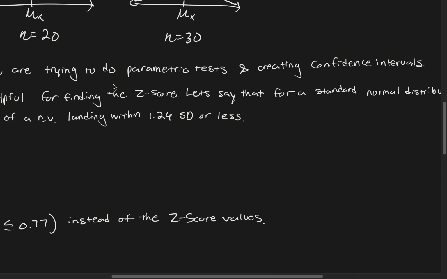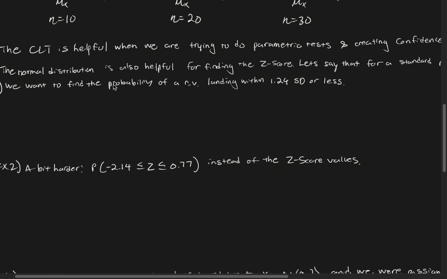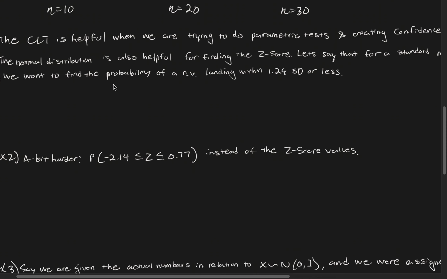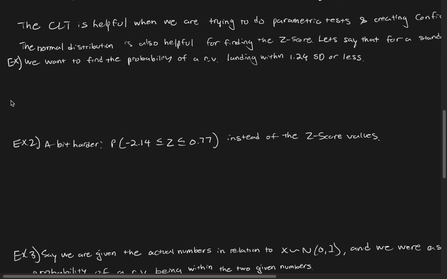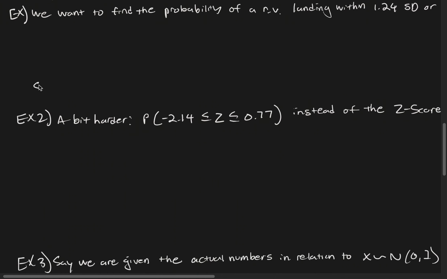So let's say that for a standard normal distribution, we want to find the probability of a random variable landing within 1.24 standard deviations or less. So visually, if we draw a normal distribution, let's try that again.